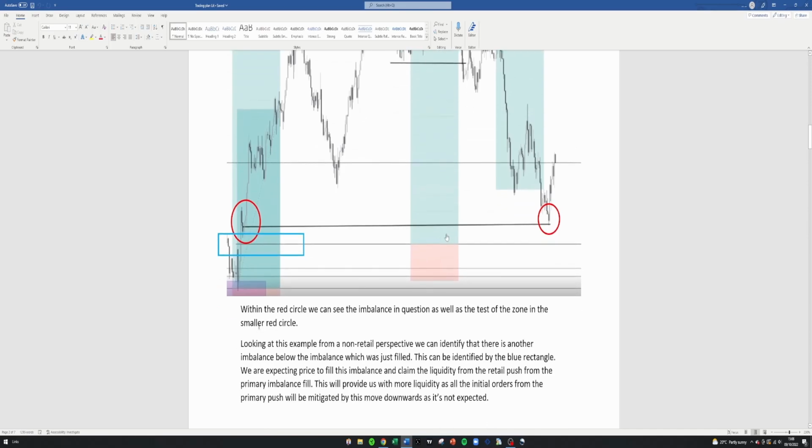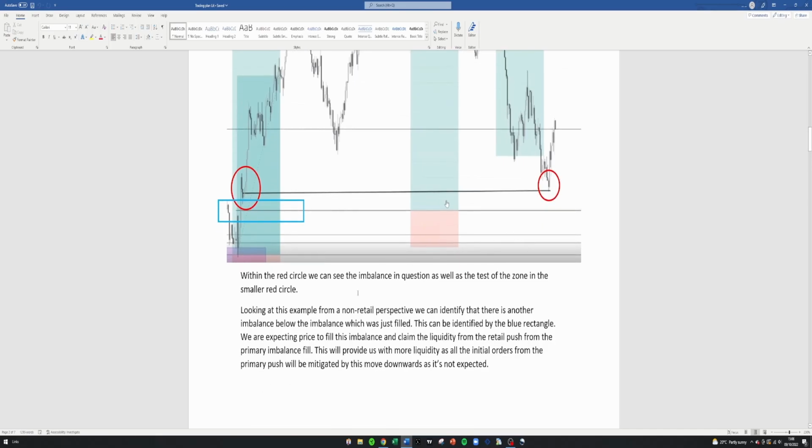Within the red circle we can see the imbalance in question, as well as the test of the zone in the smaller red circle. That's the imbalance with the line across, and that's our tap into it. Looking at the example from a non-retail, lit perspective, we can clearly identify another imbalance below the one which was just filled, the one in the blue box.